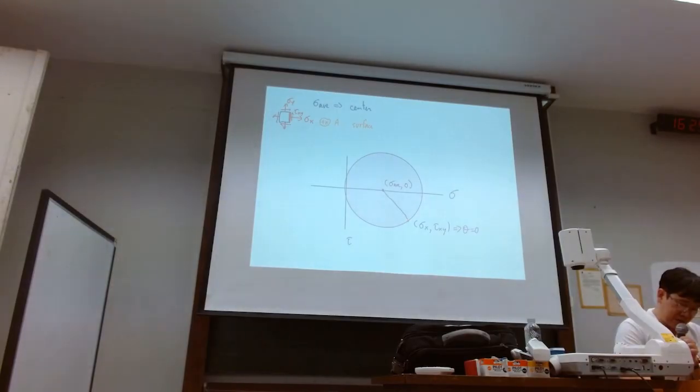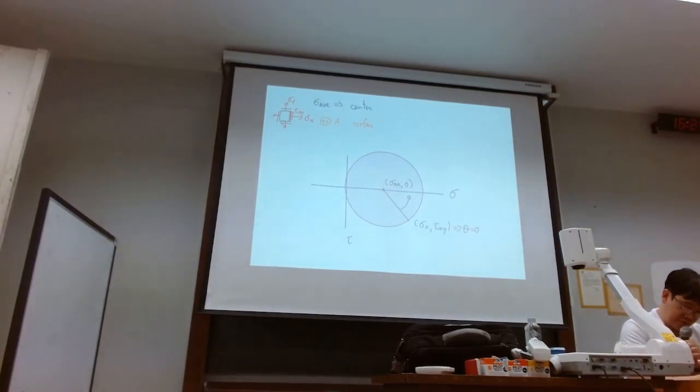And then if you start rotating and get to this point, you will get sigma x prime, tau x prime y prime.